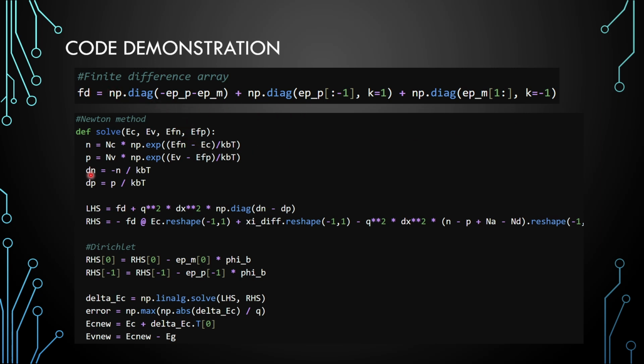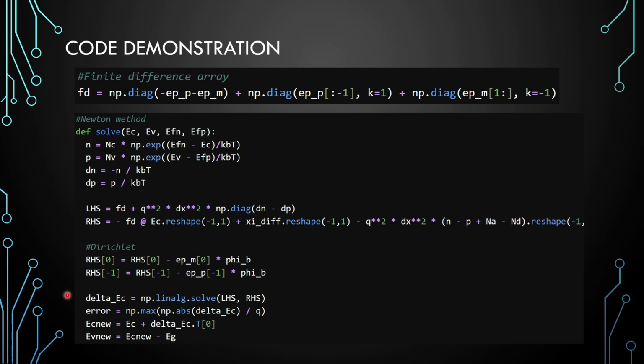To solve it using Newton's method, we need to construct those matrices using EC and EV from our previous iteration, so we can calculate N, P, dN, and dP. Here I'm using the Boltzmann approximation. Then using N, P, dN, and dP, I can construct the left-hand side and the right-hand side of the linearized Poisson equation.